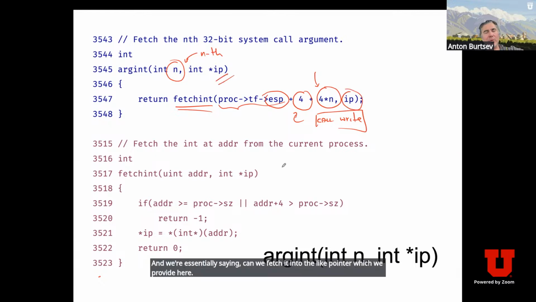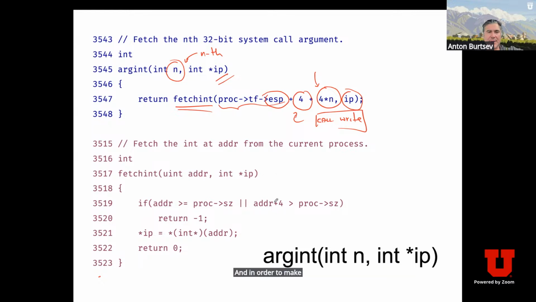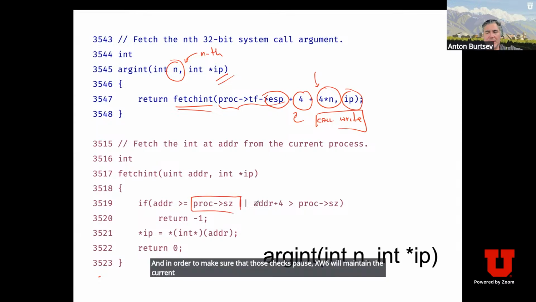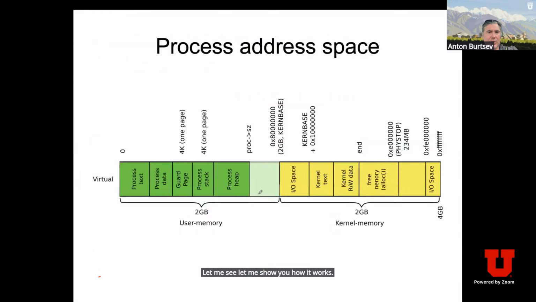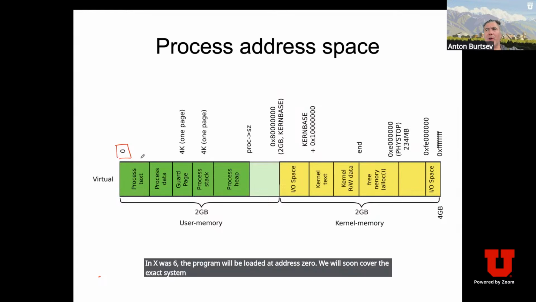And in order to make sure that those checks pass, xv6 will maintain the current size of the process. Let me show you how it works. In xv6, the program will be loaded at address 0. We will soon cover the exec system call and the fork system call, so we will know how it works. But essentially, this proc size is the pointer to the max address in user level.